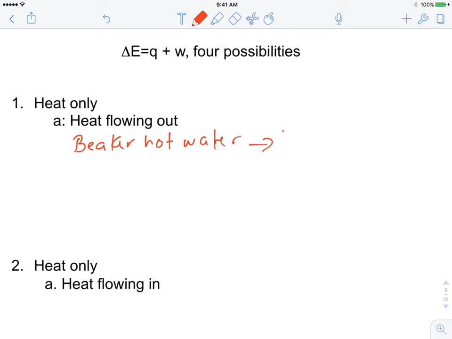I put it on the lab bench. This is my system here. The hot water may be 100 degrees. The lab bench may be 20 degrees Celsius. Heat's going to flow out of the system until they reach an equilibrium state.